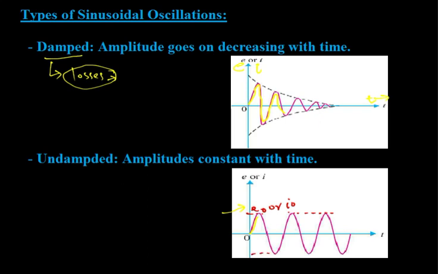This is minus E0 or minus I0. So the amplitude remains constant with time. Such oscillators are called undamped oscillators.